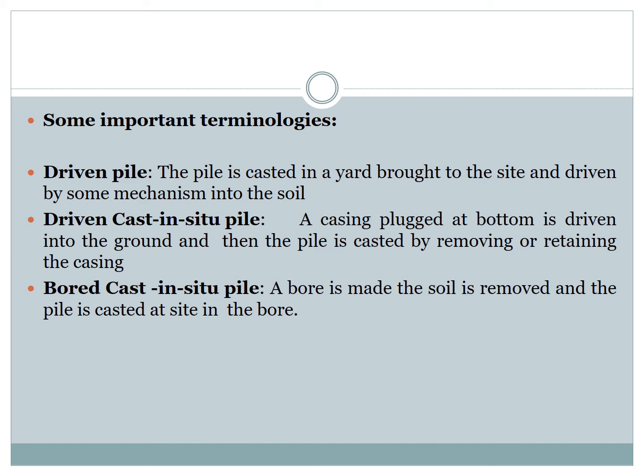Then the casing is filled with concrete, and the casing may or may not be withdrawn. If the casing is withdrawn, it is called an uncased pile, and if the casing is not withdrawn, then it is called a cased pile. Okay. Last, bored cast in situ pile. These piles are formed by excavating a hole into the ground and then filling it with concrete.